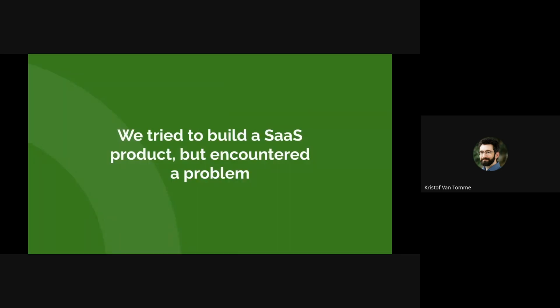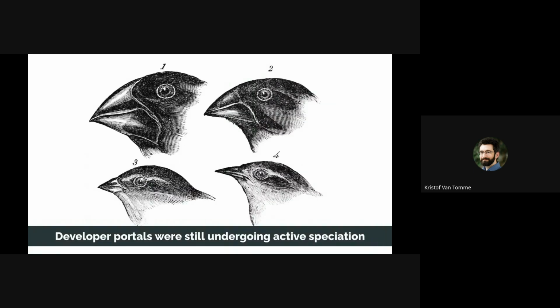So back in the day, we were looking at building a SaaS product, and we had some initial conversations with customers about turning what we were doing into a SaaS offering. But then very early on, we encountered problems because, and this is always the case when you're building a product, customers will challenge you and will ask for features that you don't have.